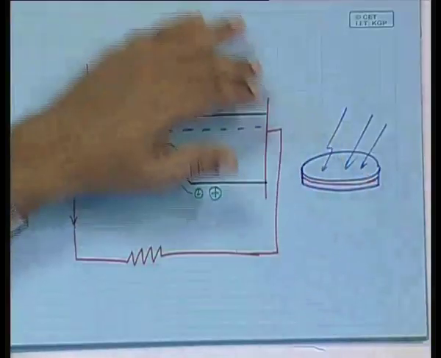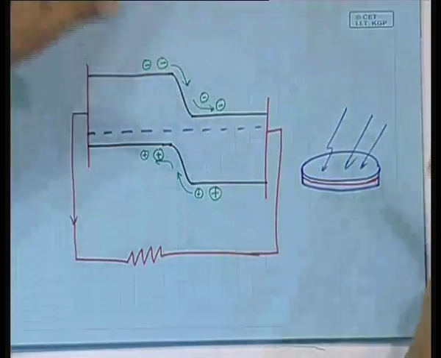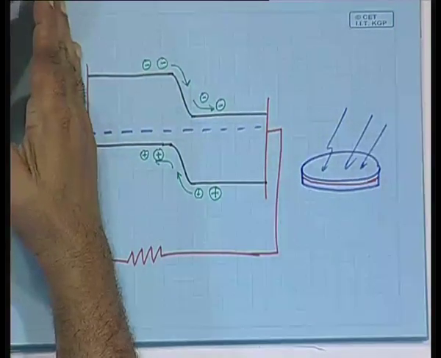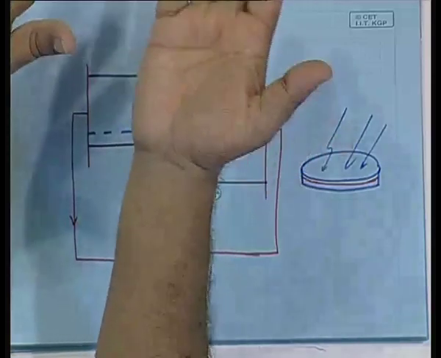So, how to make such a thing? I will come to the production process per se a little later, but essential structure is that below it there has to be some kind of a metal substrate in the sense that you have to collect the charge. So, there has to be metal contact, and that metal contact is in the form of, if I draw the side view, it will be something like this.